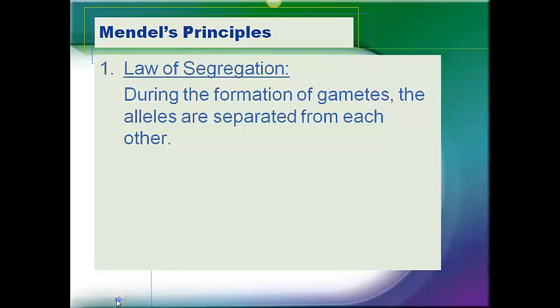So they shuffle the decks and they all get mixed in together. So the alleles don't necessarily travel together. For example, if the mother is a tall pea plant, those two tall alleles don't have to stay together when the egg is made. Instead, they can be separated apart, like shuffling a deck.